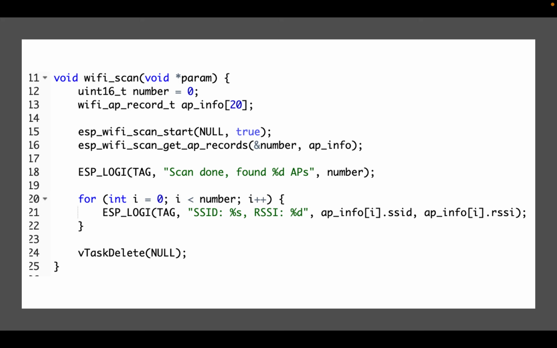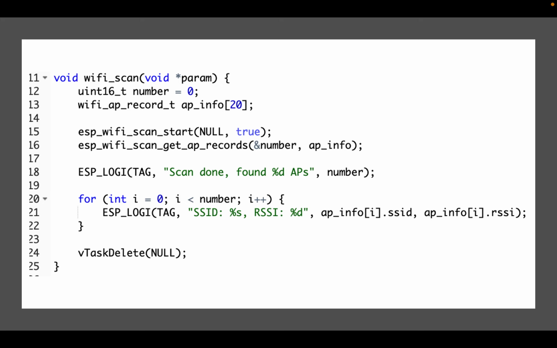This is an API function that we just call, and this API function, esp_wifi_scan_get_ap_records, which gets access point records, will scan in the background using the ESP32-S3 Wi-Fi driver, and the number of access points found in the scan is reflected in the number variable, and the previously declared structure ap_info will be populated with details of each access point found.